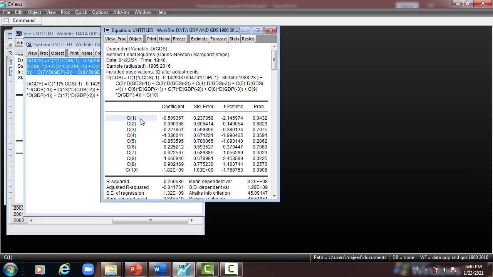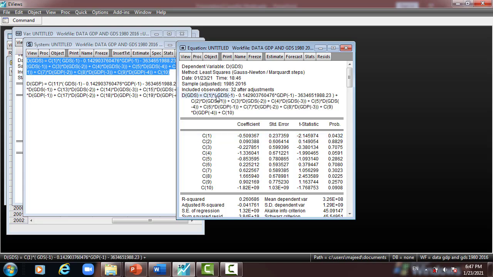You can see this is the error correction term, negative and significant. When we say negative and statistically significant, it means there is a long-run causality between the error correction term ECT1 in equation 1 and GDS.